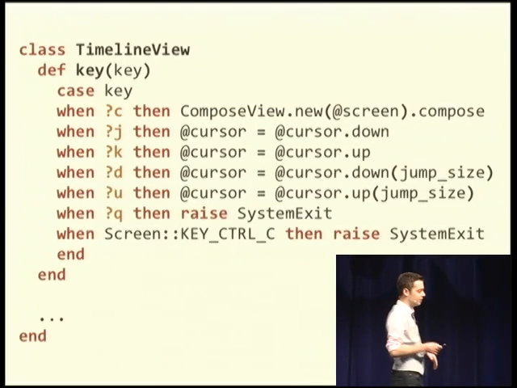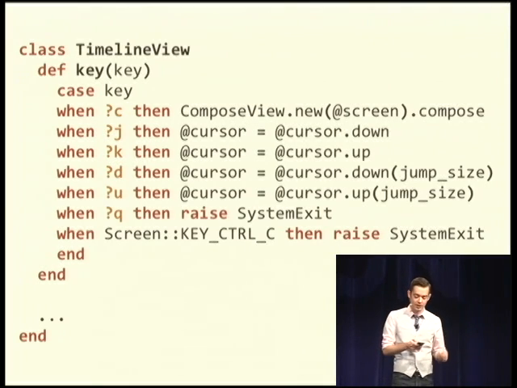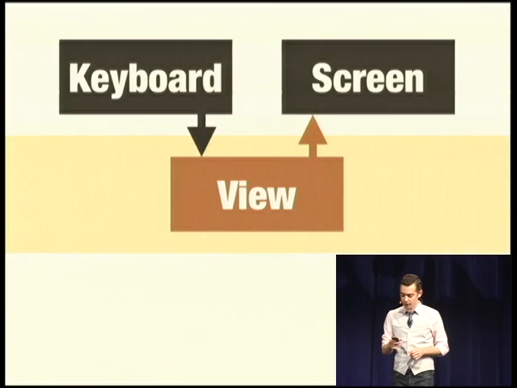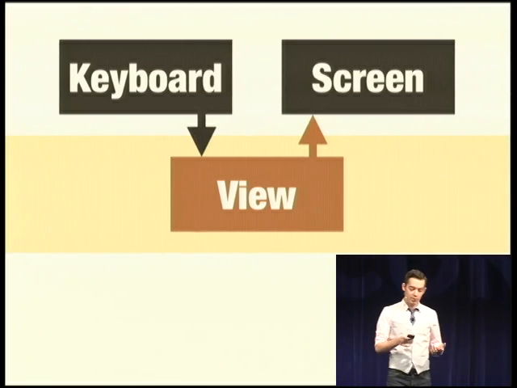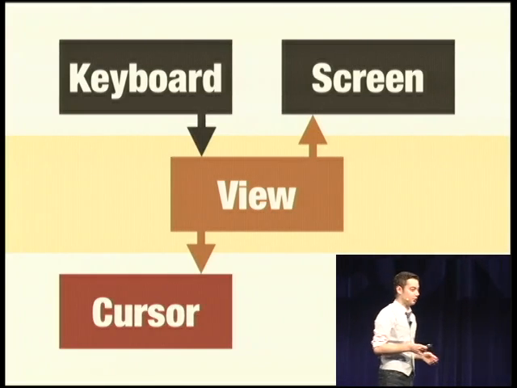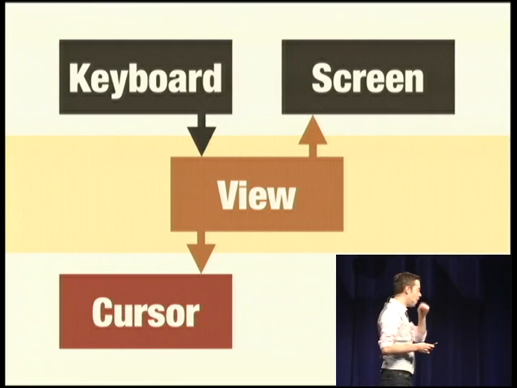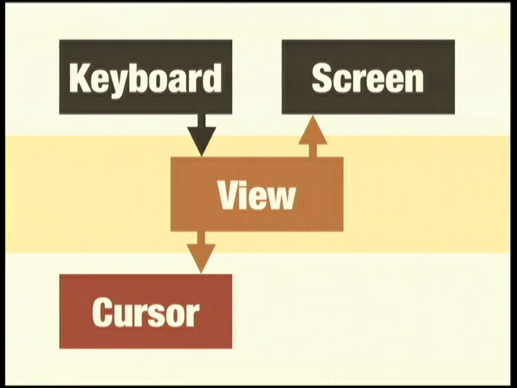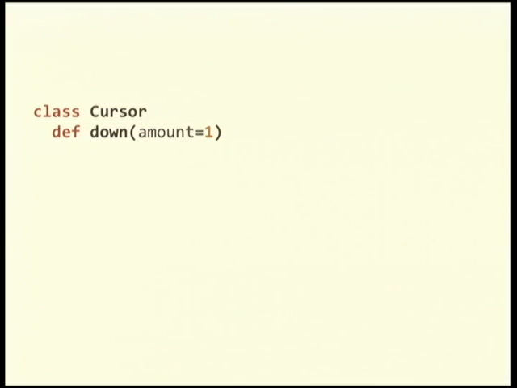Of course, there's other stuff it can do, but we're not going to talk about any of that either. I'm concerned with down and up. So we have this view, it's talking to the cursor, which is a piece of the functional core. And the down method is going to, first of all, guard against having no tweets. If we have no tweets, then we don't have anywhere to go, right? We just return ourselves.